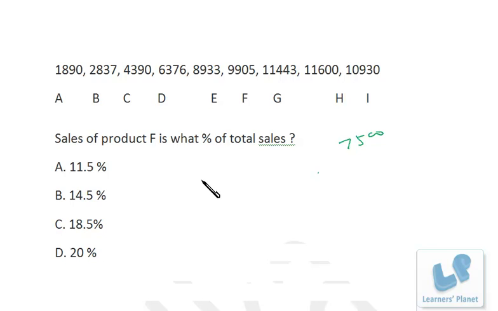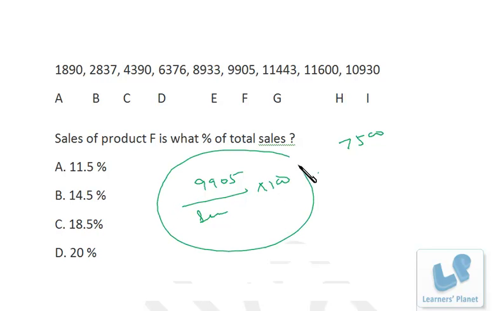So it's 9905 by the sum of all these numbers into 100. That is the calculation I have to make, right? Now since we have already calculated the average, we don't have to do this calculation. Now we have to find out what percentage 9905 contributes over here.